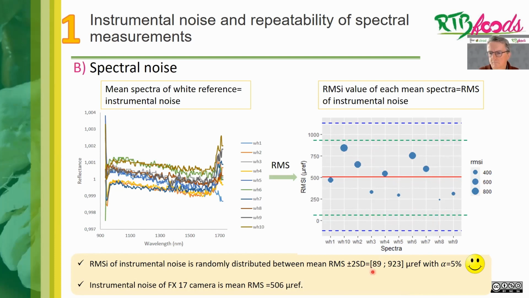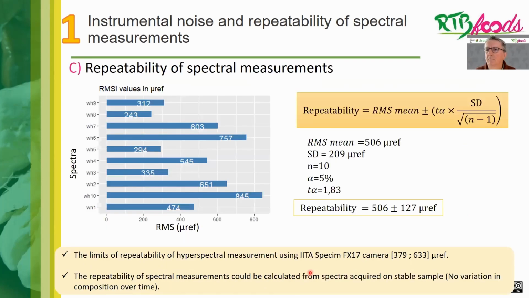From this we calculate that our confidence interval is between 89 and 923 microreflectance, with an error threshold of 5%. So we can say that the instrumental noise of this camera is a mean RMS of 506 microreflectance.